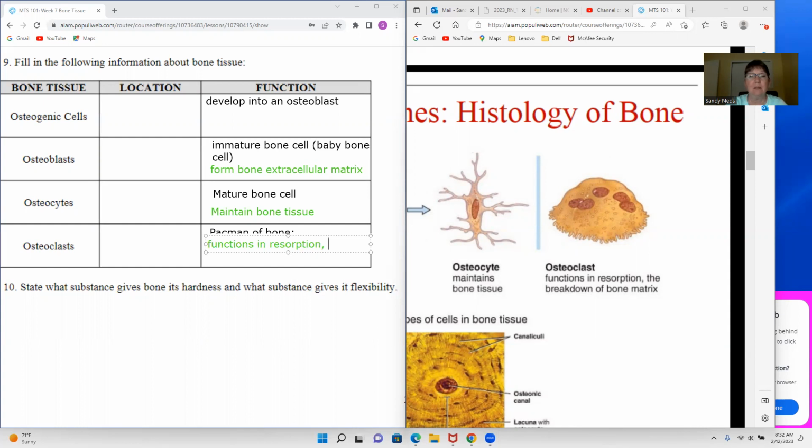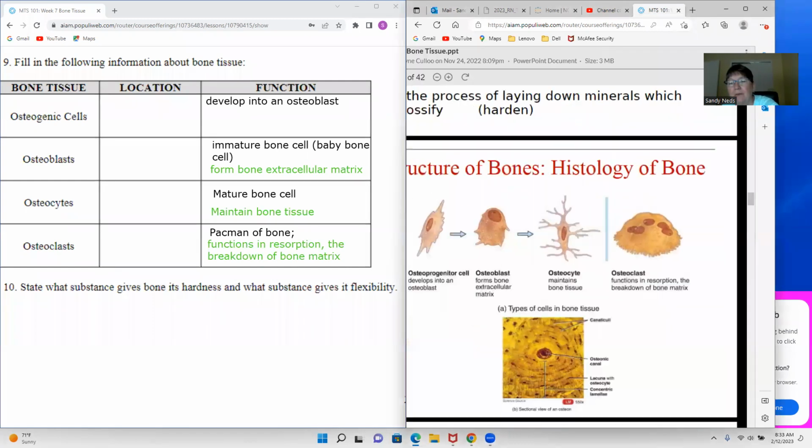So the resorption, the breakdown of bone matrix, the protein fibers and the ground substance. So the osteoclast is like the Pac-Man, and all these little ball vessels are lysosomes. So it's full of lysosomes to digest what's going on. It's huge in what it does.